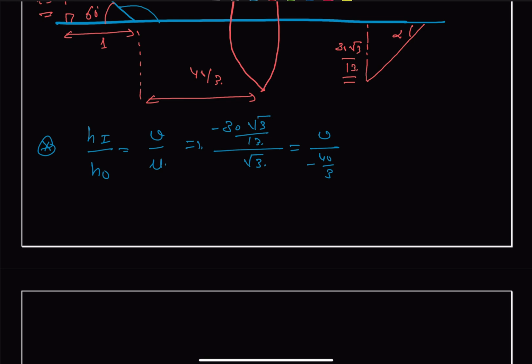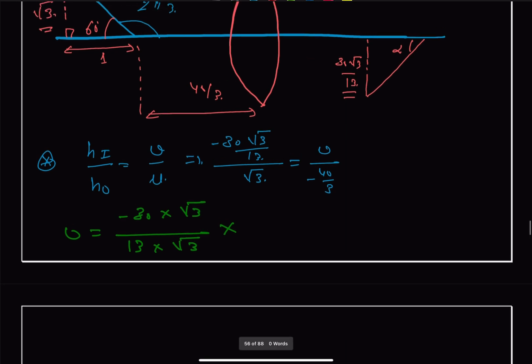So we can sort it out, and we can write that v will be equal to minus of 30 multiplied by root 3, divided by 13 multiplied by root 3, multiplied by minus 40 by 3.